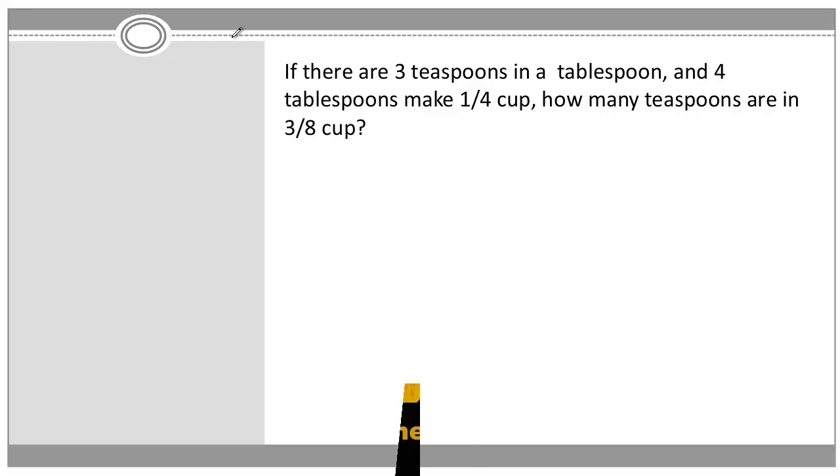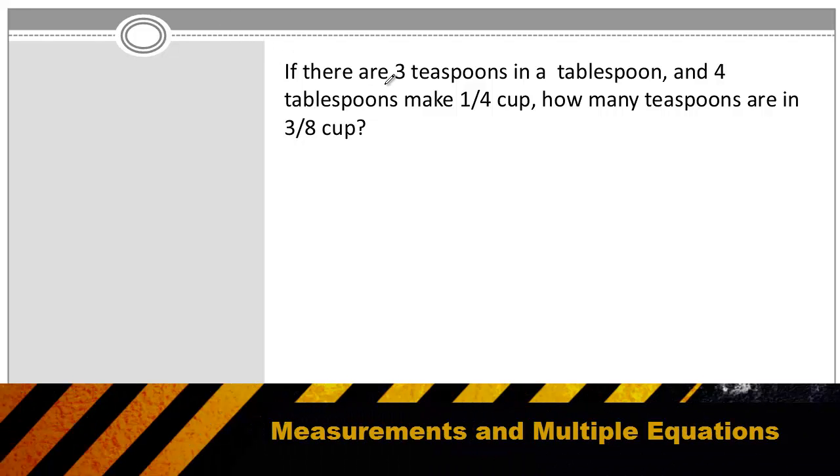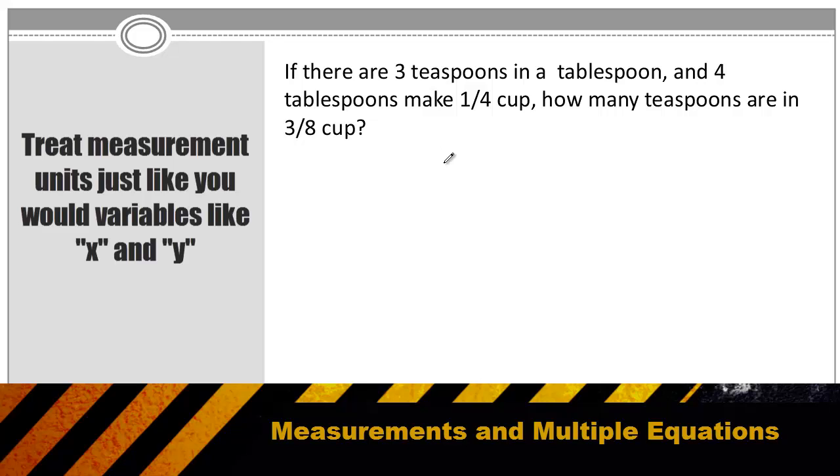If you've noticed in our past problems, when I choose variables for my measurements, I don't like to arbitrarily choose variables such as x and y. I like to use letters that stand for what I'm describing, such as D for dollars or M for milligrams.